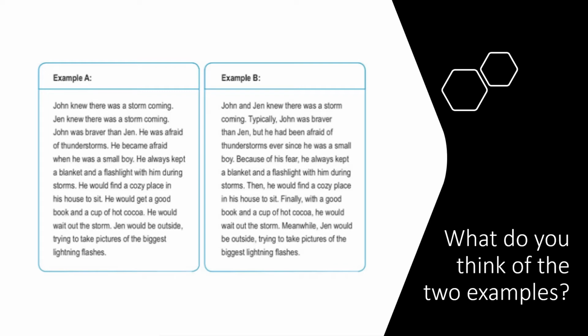So what are these words? You can see and, but, ever since, because of, then, finally, meanwhile. So these are some of the words which have been used to join the sentences in example A to give us some better sentences in example B.